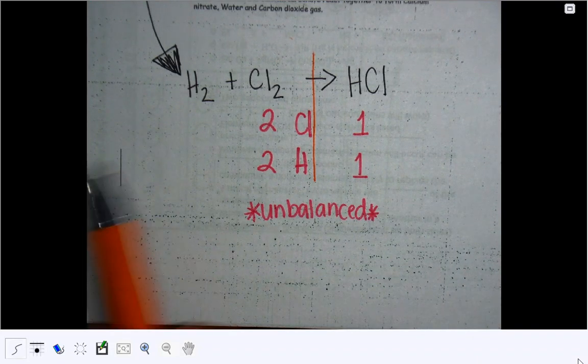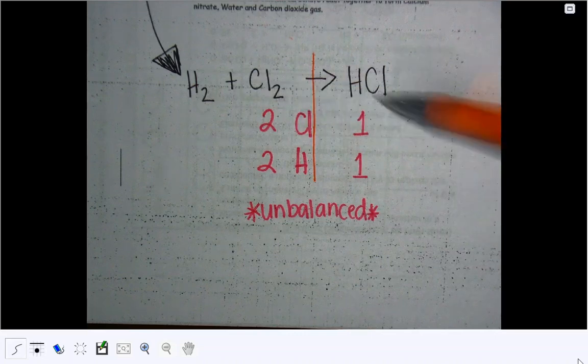Is there a coefficient that I can throw up here? Remember, coefficients, the way they work is they multiply by all the ones that are behind them, right? So you stick it onto a compound or an element, it goes for everything behind it. Which H? Because there's H2, Cl2, or HCl. HCl. What do you want to put there?